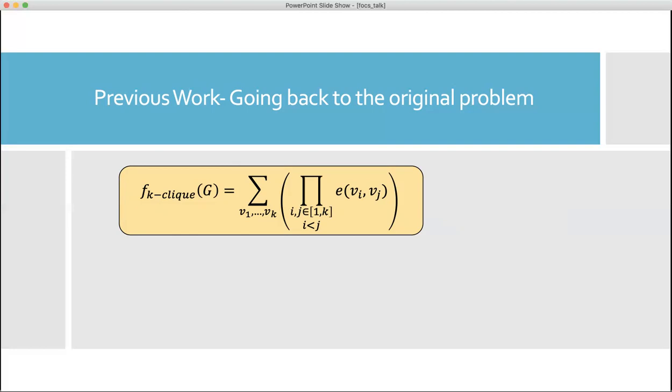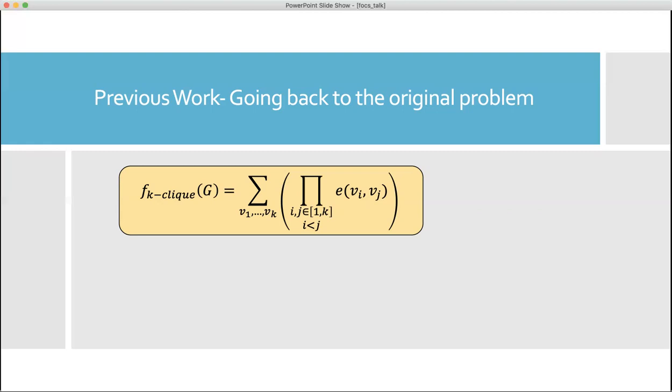Then we check for every k tuple v1 through vk if they form a KClick by multiplying all variables associated to all the k choose 2 pairs of vertices there. If this multiplication is 1, then they essentially form a KClick. And since we are summing over all sets of vertices, we count the number of KClicks.